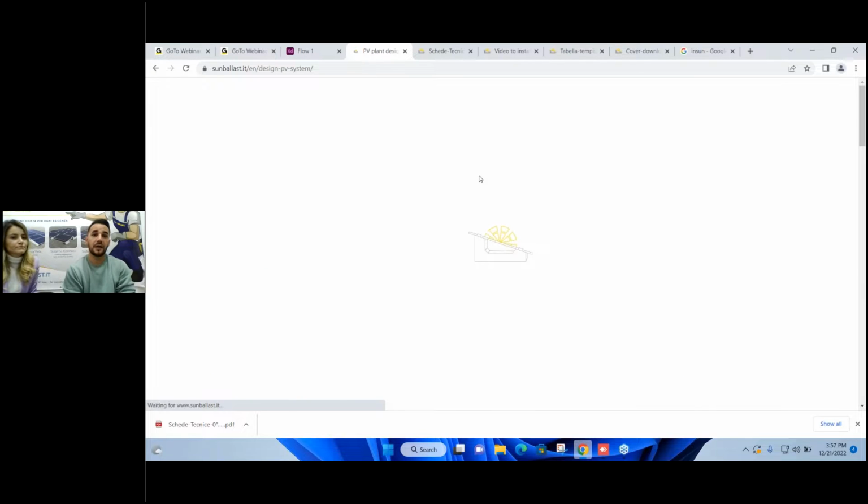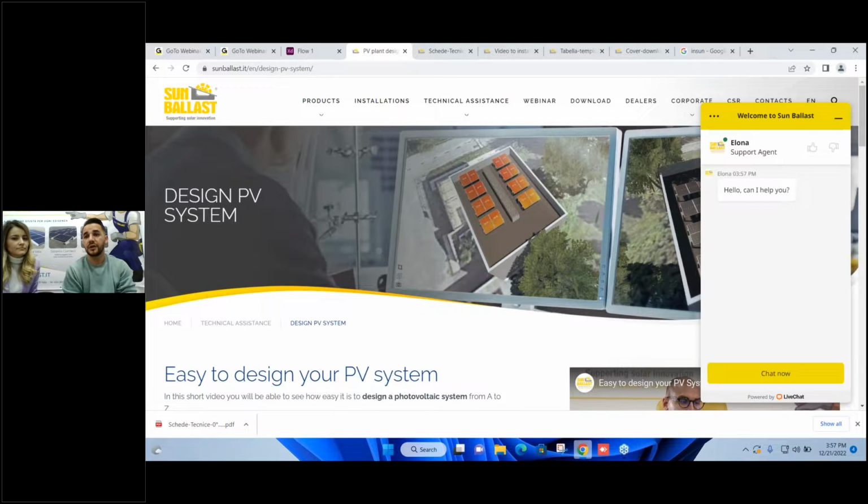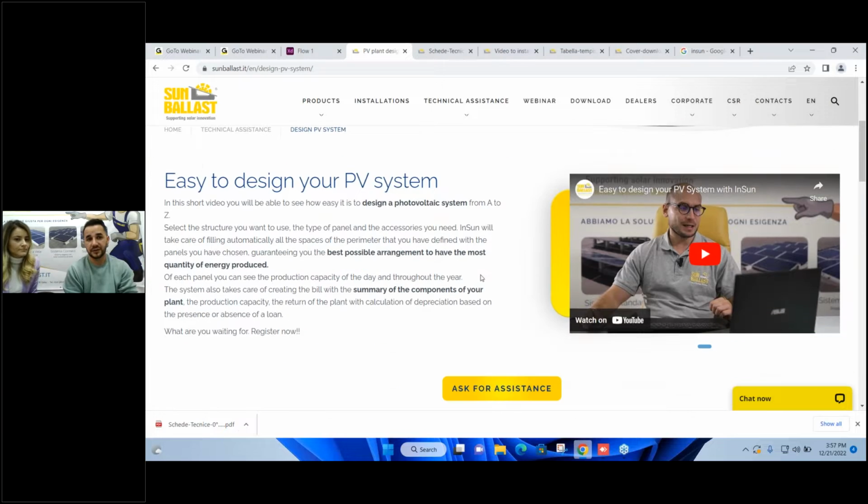It's the platform used for designing Sun Ballast structures as well. All our structures are inside the Insan software, and you can download Insan and register. You can register for free at the moment. Yes, it's a platform that is used online.